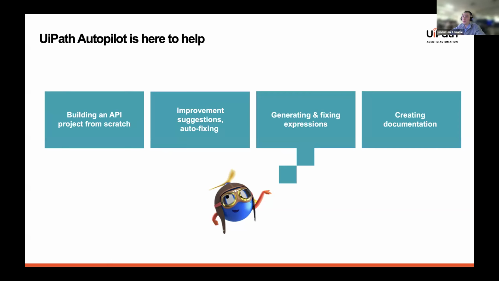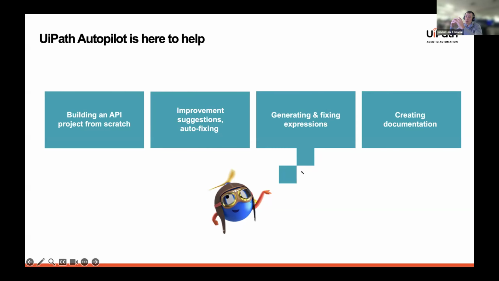Yeah, so we know that a lot of you are accustomed to RPA workflows, and that building APIs may be something new that you may not know how to build immediately out of the box. That's why we've introduced Autopilot, and we GA'd the new Autopilot chat specifically for API workflows. Autopilot is an integral part of API workflows and of the entire building experience.